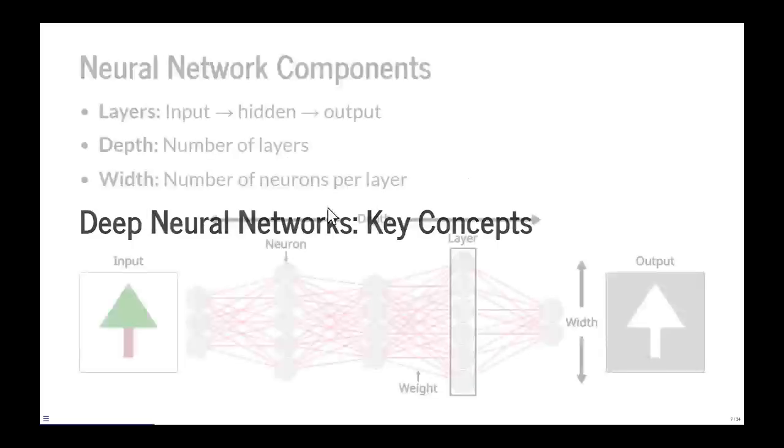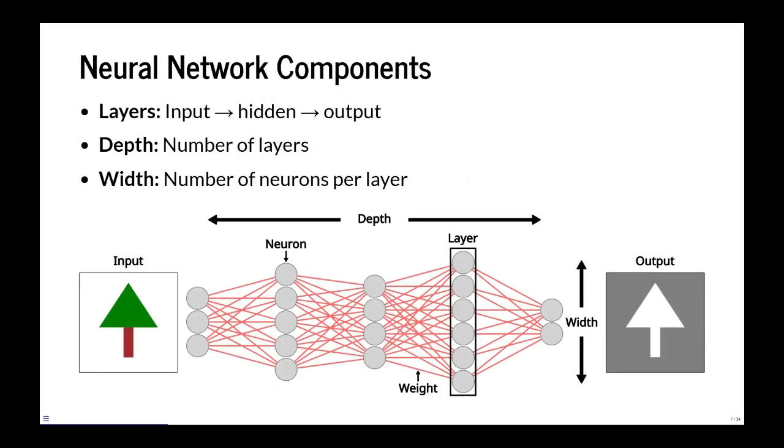So some key concepts with neural networks, and here are some of the key components that we talk about within these different models. So we have these layers, and these are the hidden components of these neural networks that we don't really get to see. So we have our inputs and we have our outputs, and we can understand those, but the stuff that's in the middle are these hidden layers. And these layers are made up of different components, and they are called neurons.